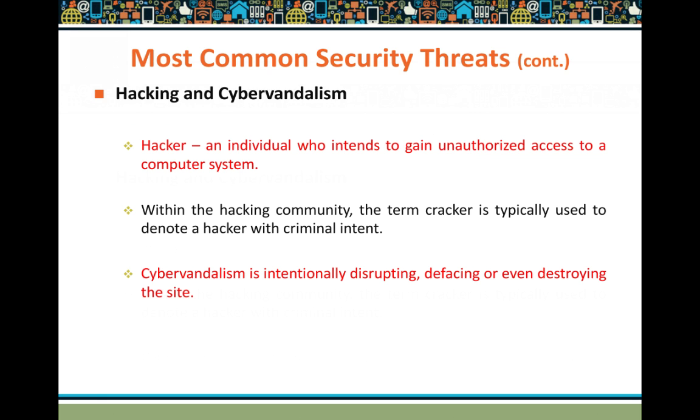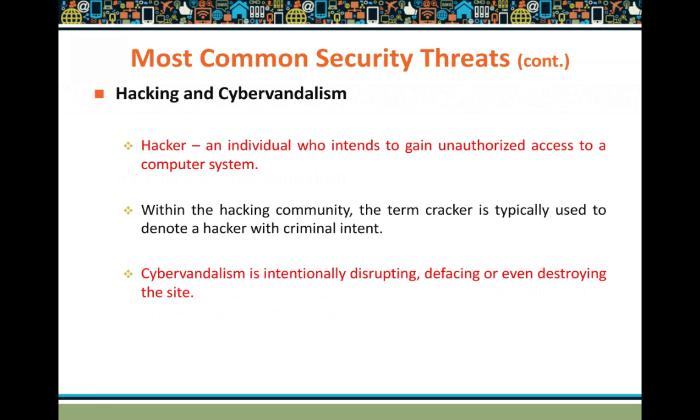Now, within the hacking community, the term cracker is used to describe a person with a criminal intent. So, out of the hackers, those who have criminal intent, those who are not ethical, will be crackers.